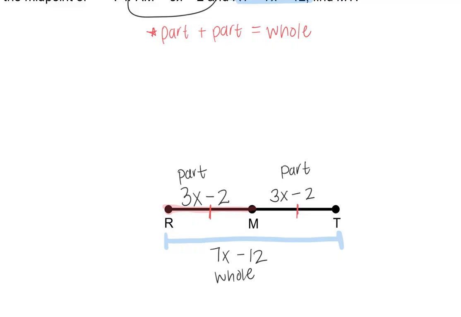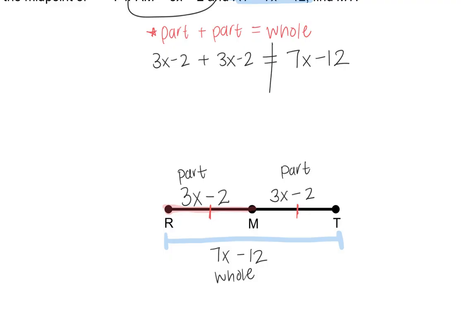So 3x minus 2, I'm labeling it for M to T. Even though it didn't give it to me in the problem, in the example I can deduce that if RM is 3x minus 2, then M to T is also 3x minus 2. I can use that for my equation. So I'm going to do 3x minus 2 plus 3x minus 2 equals my whole part, 7x minus 12.